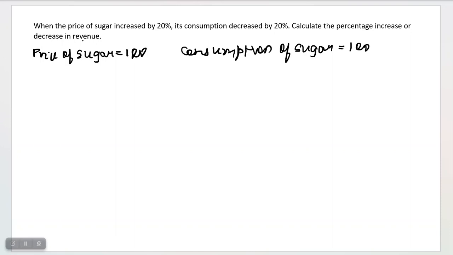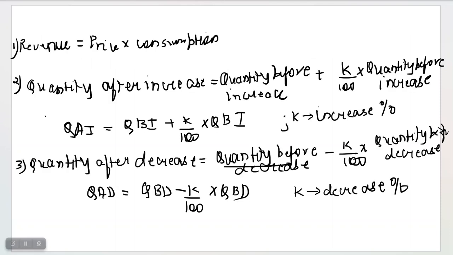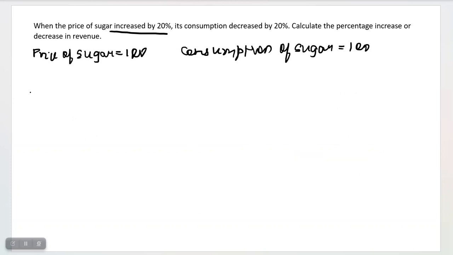Now the price of sugar increased by 20%, an increase. So among these, we use the quantity after increase formula. Quantity after increase is quantity before increase plus k by 100 multiplied by quantity before increase.